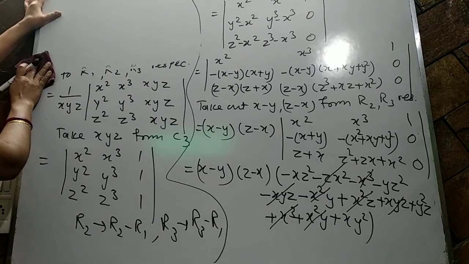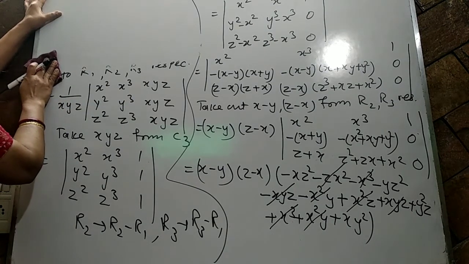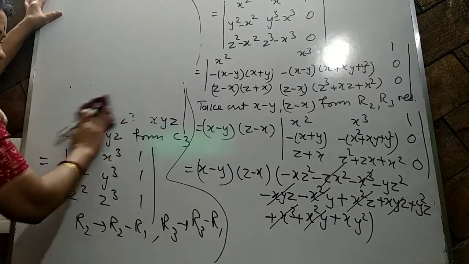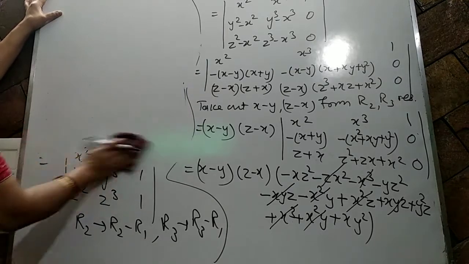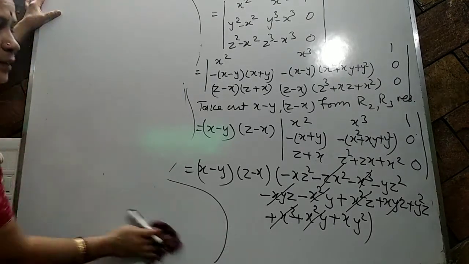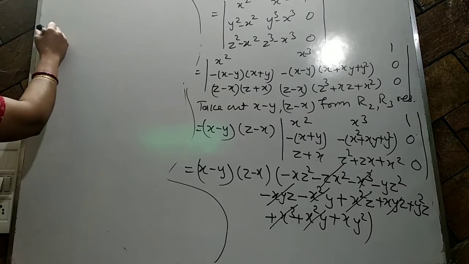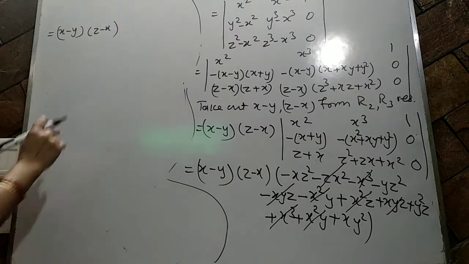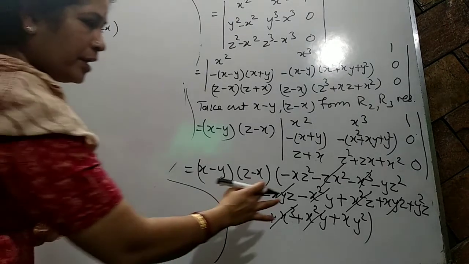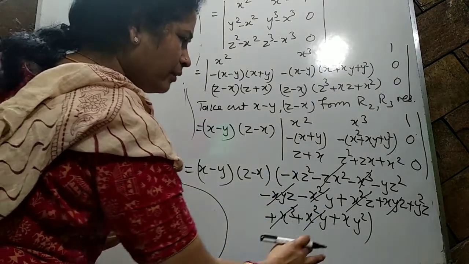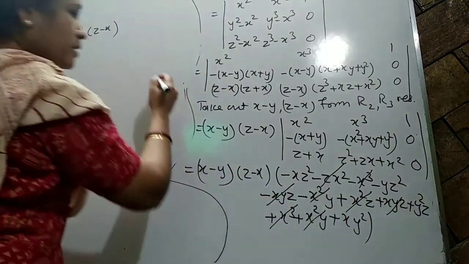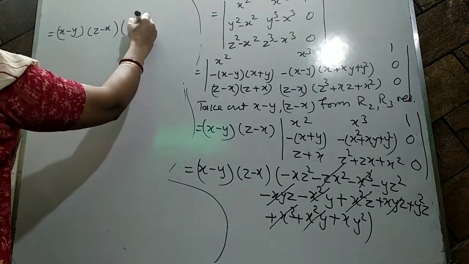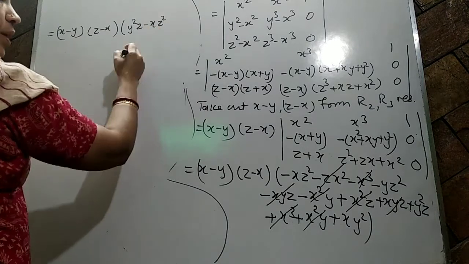Shall I erase? I'm erasing this side. Now let me complete it. Remaining, that's equal to x minus y into z minus x. Now you have to make a combination. x z square, then we have y square z. Now I'm taking y square z minus x z square as one part.